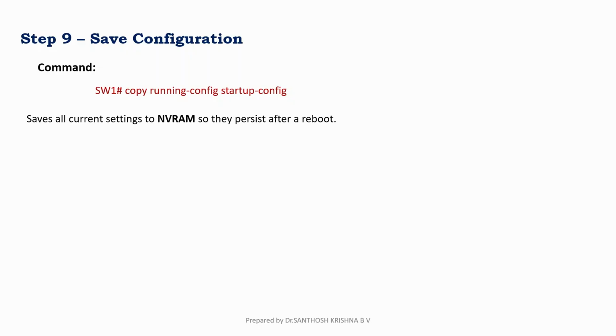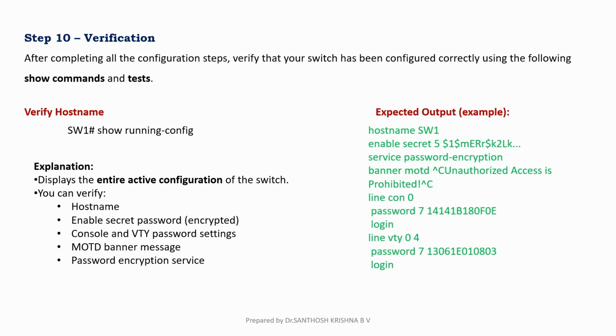Now how to verify that? We can verify using show commands. There are multiple show commands. I've given a very simple one, show running-config. It will display the entire active configuration of the switch, where we can verify the hostname.